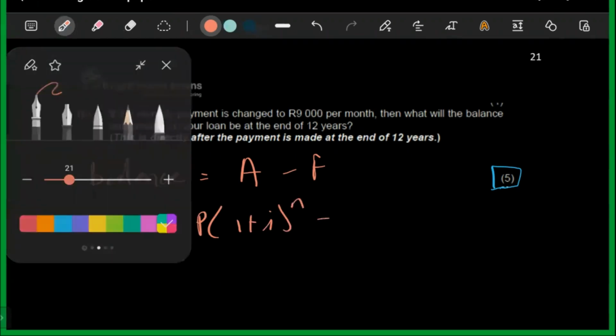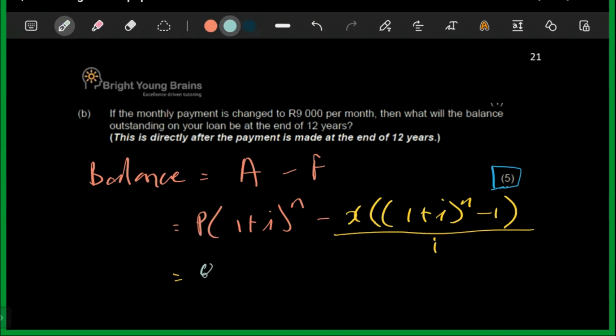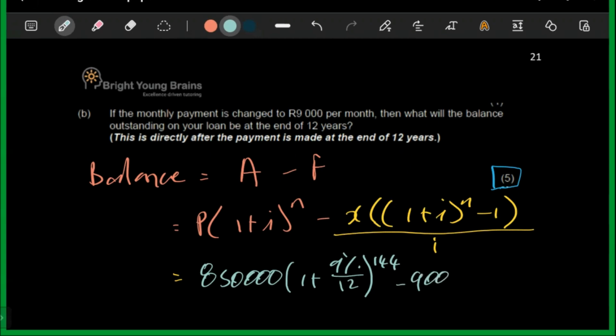F is the future value annuities formula, so you're going to have x times (1 plus i) to the power of n minus 1, the whole thing over i. And then P is your original loan. Interest, we said it's 9% per annum compounded monthly over 12 years. 12 times 12 is 144. Monthly installment is 9,000.